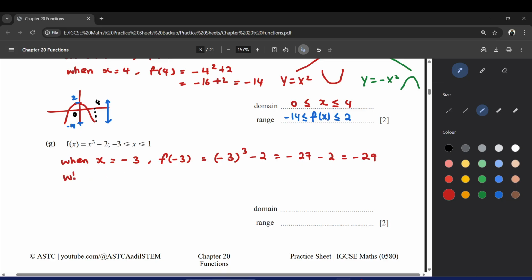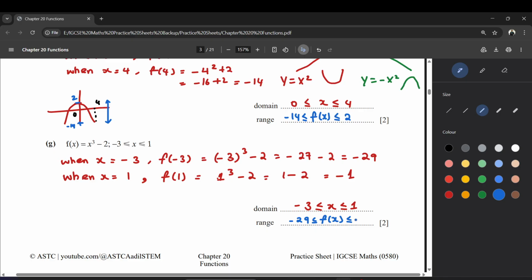Then when x is equal to 1, f of 1 means 1 cubed minus 2, that is 1 minus 2, that is minus 1. So the domain is that x is between minus 3 and 1, and the range would be that f of x is between minus 29 and minus 1. And this is what we call a cubic function. When you have x cube in your equation, that is a cubic function.